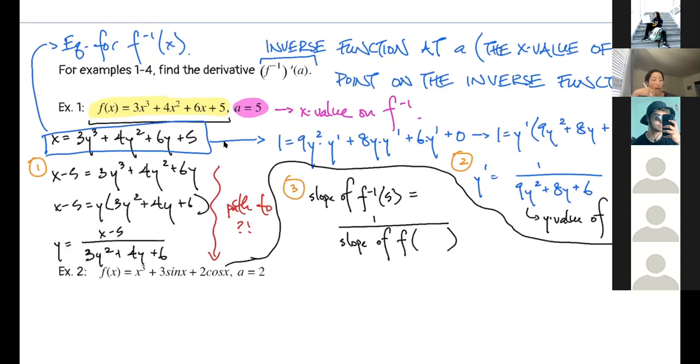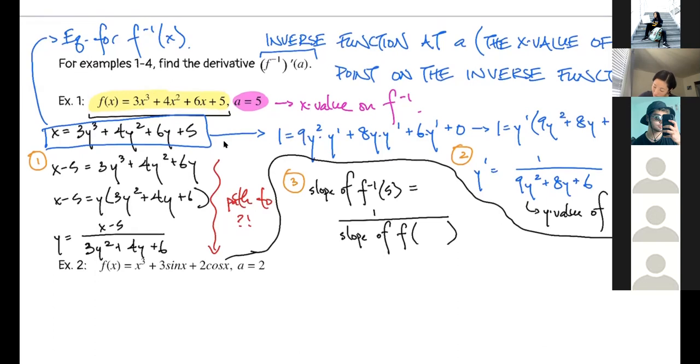So I'm wondering if you could tell me, from your original function, if I tell you that a equals 5 is an x value on the inverse function, what kind of value is it on the original function?